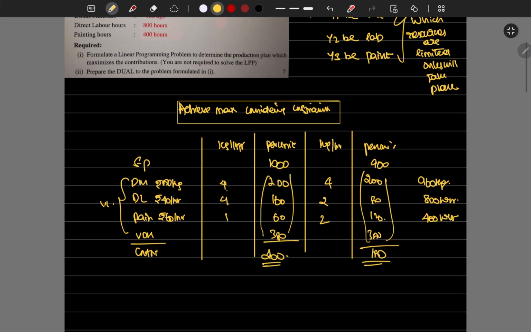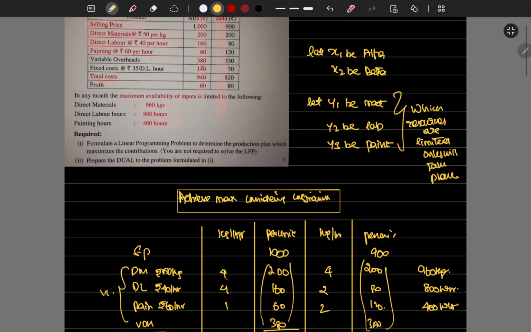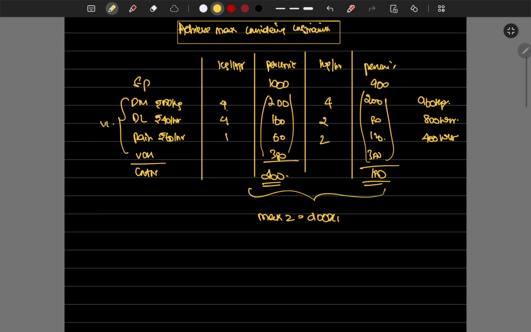Obviously the company will think to maximize the contribution, right? Let alpha be x1 and beta be x2, and y1 as material, y2 as labor, y3 as painting. So maximizing the contribution, 200x1 plus 150x2, is the LPP formulation.